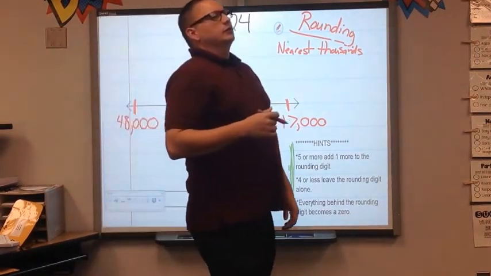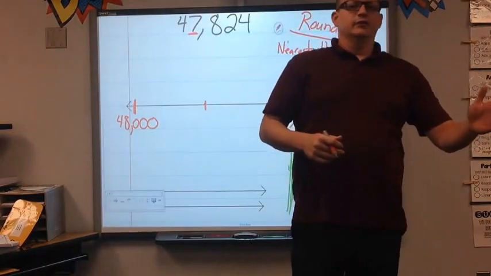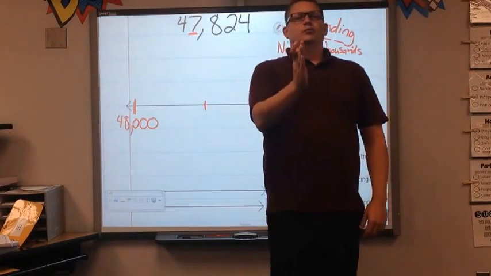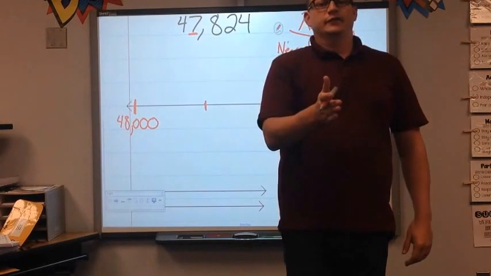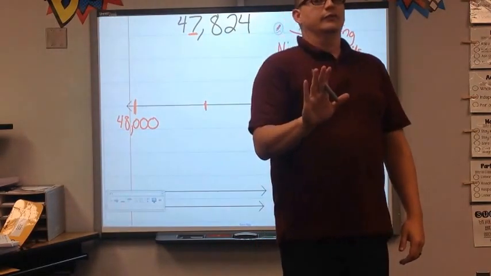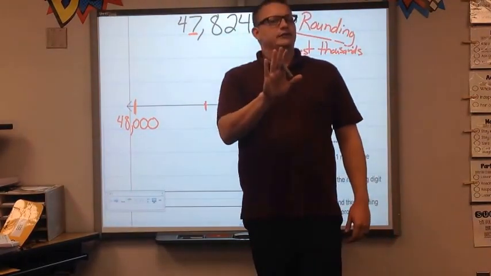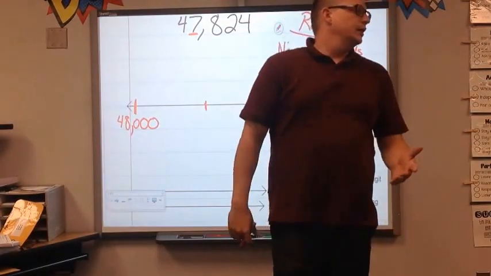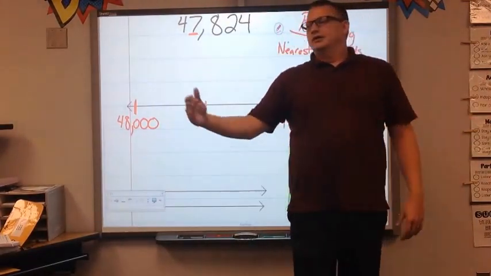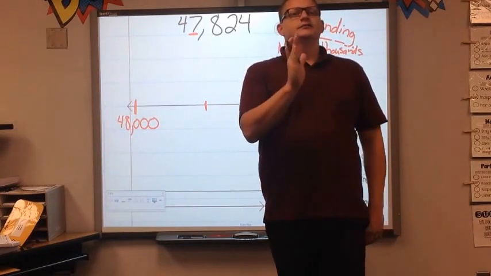Remember, let's start real slow. So if I'm at 0 and I'm at 1,000, what's right in the middle between 0 and 1,000? Okay, it's 500. Remember that 5 is somewhere in the middle, you're always going to have 5 somewhere. So in between 0 and 1,000 is 500. What's in between 1,000 and 2,000? 1,500.